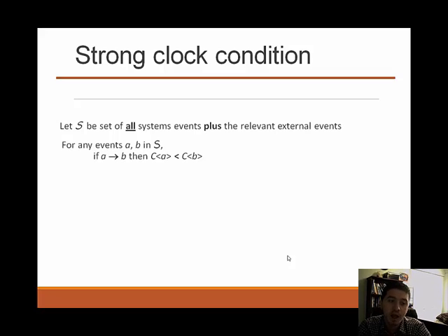Then we can say that for any events A and B in S, A has happened before B only if the timestamp of A is smaller than the timestamp of B. By satisfying this strong clock condition, we get a total ordering of events in a distributed system.